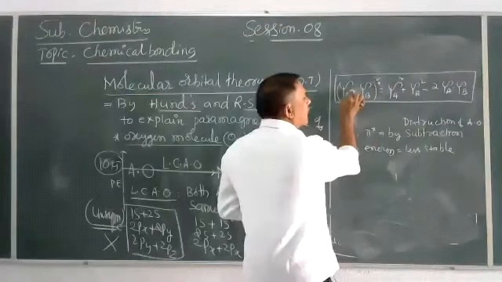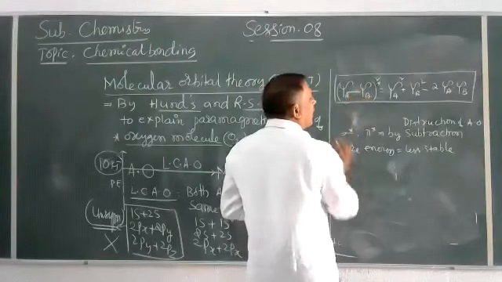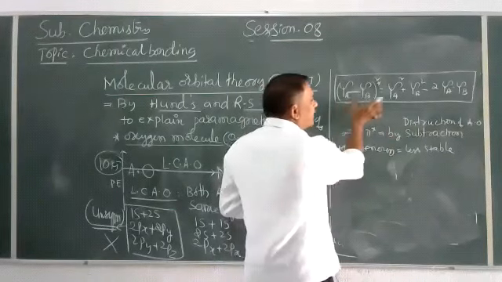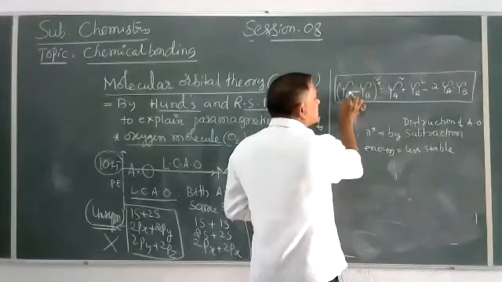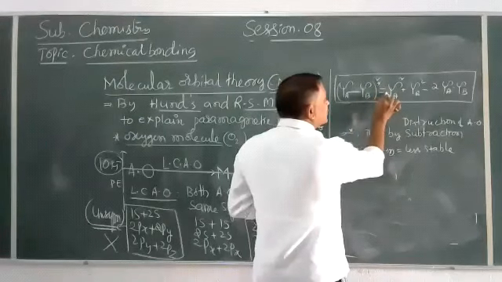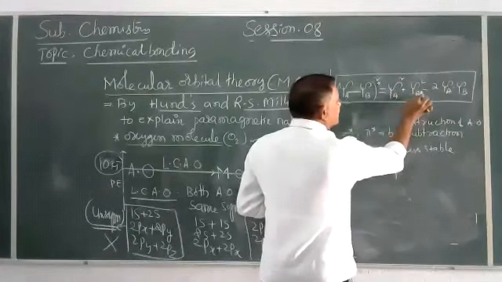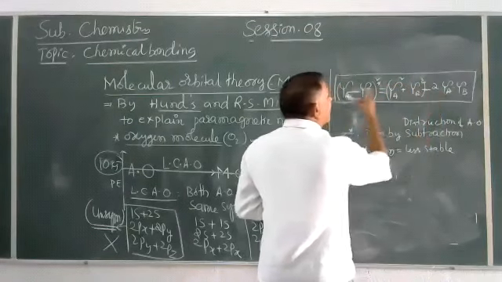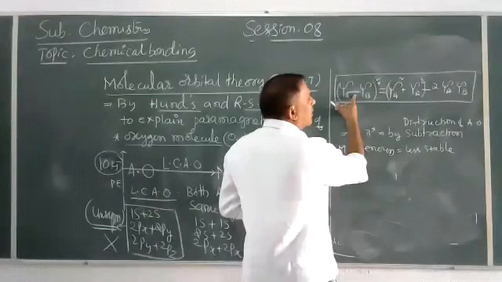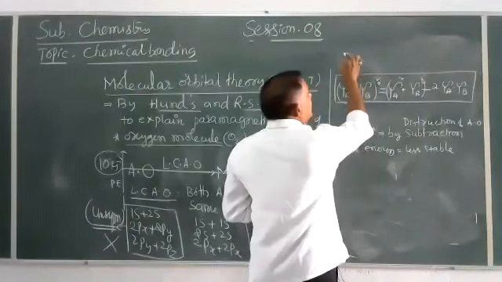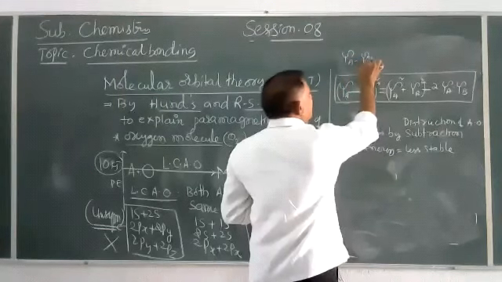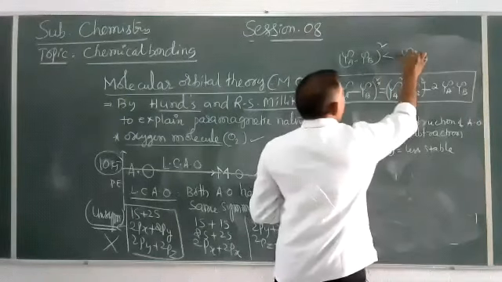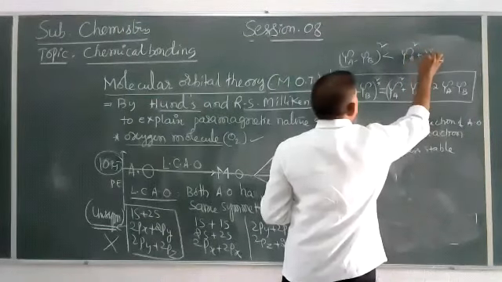Anti-bonding molecular orbitals are formed by the destructive combination or subtraction of atomic orbitals. Psi A minus psi B whole square equals psi A square plus psi B square minus something, and only after removing that do we get anti-bonding molecular orbitals. That's why (psi A minus psi B) whole square is less than psi A square plus psi B square.